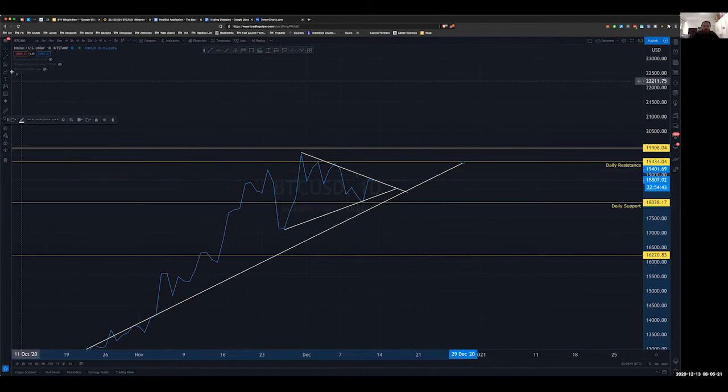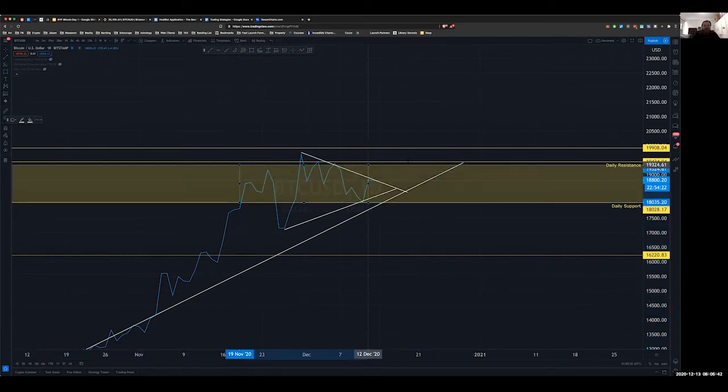So what I personally do, which is a little bit pedantic of me, but I find it works for me, is I like to figure out where the triangles and the squares are. So for me, this is my area of interest when I'm looking at charts.